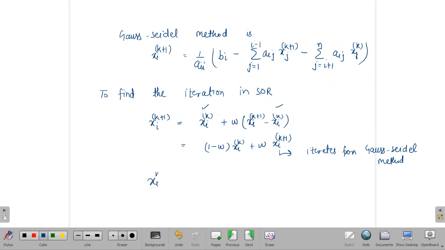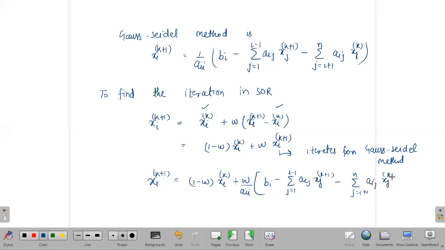So here x_i^(k+1) is equal to 1 minus omega times the previous iteration of SOR only, x_i^k, plus omega times the Gauss-Seidel value, 1 by a_ii times b_i minus the sum from j equal to 1 to i minus 1 of a_ij x_j^(k+1), and so on. So this is the SOR method.